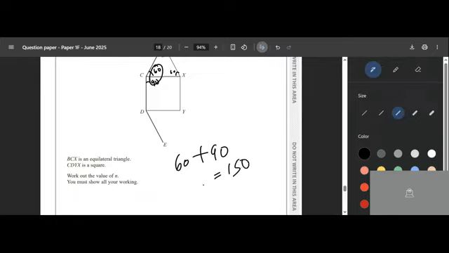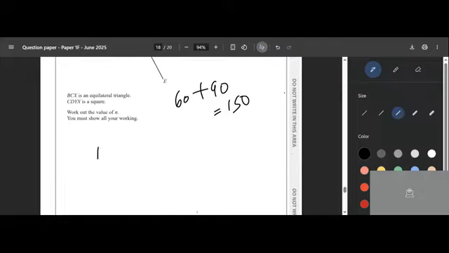150. So there are 2 ways in which people can approach this question, which will give 2 different contradictory answers. After adding this, because now we know that this is the interior angle, 150, and I want to get the number of sides. I know that interior plus exterior should give me 180.